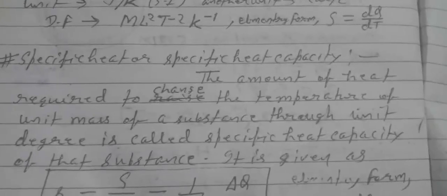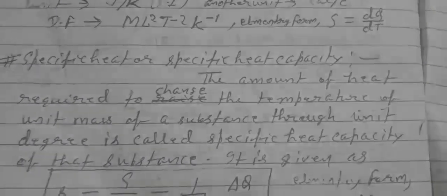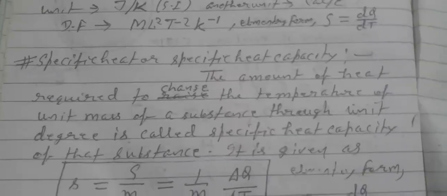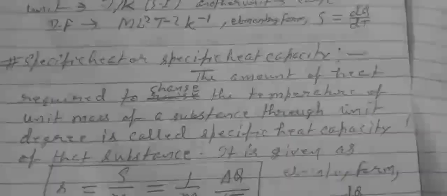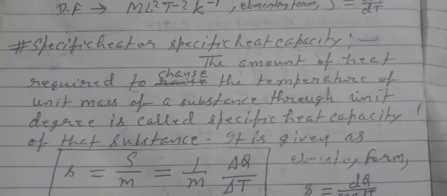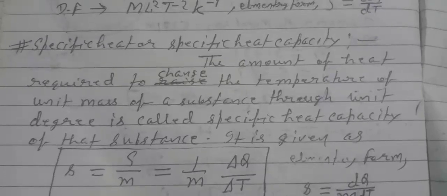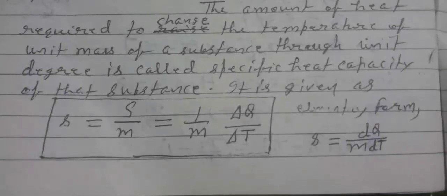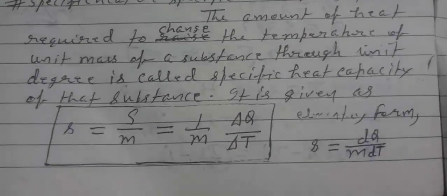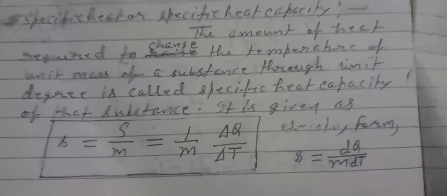Next is specific heat, or specific heat capacity. The amount of heat required to change the temperature of unit mass of a substance through unit degree is called the specific heat capacity of that substance. It is given as small s = S/m = (1/m)(ΔQ/ΔT).